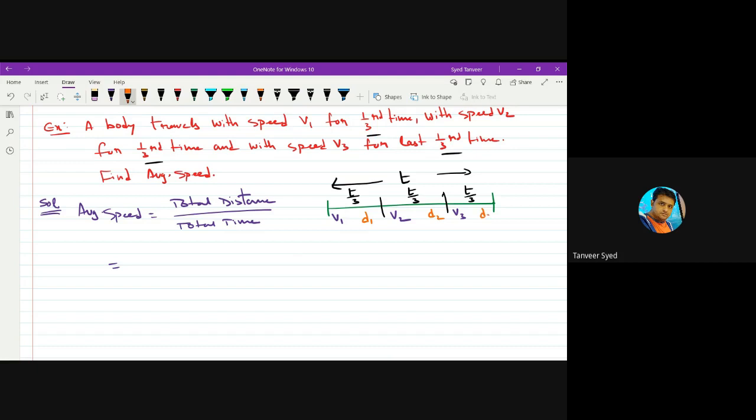Third one third time, d3. Then we know speed is distance by time. Distance is speed into time. A student asks what the time is here. Time is not mentioned. One third, one third, one third, intervals are mentioned. So total distance traveled is d1 plus d2 plus d3. Total time taken, t.